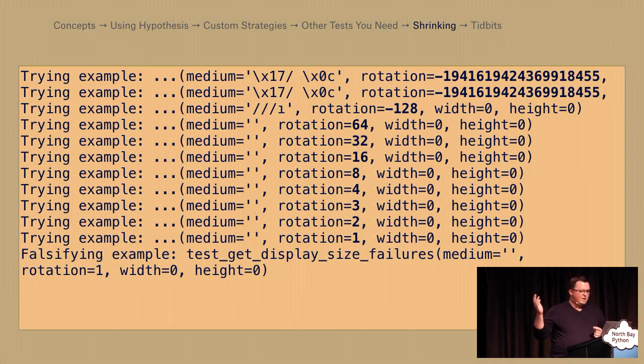Just looking at the rotation field here, you can see that it starts off as some very big negative number that I won't try to read, but progressively shrinks down until it gets to 1. And we know, because we've looked at the code, that 1 is not a valid rotation because it's not a multiple of 90. So that's much easier to see with a small example why it's failing than with that very big example.